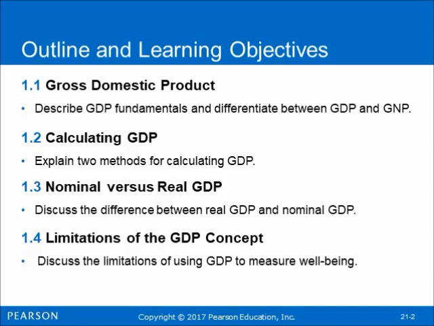Second, we explain the two different methods for calculating GDP. Third, we discuss the difference between real GDP and nominal GDP. Finally, we discuss the limitations on the concept of GDP.